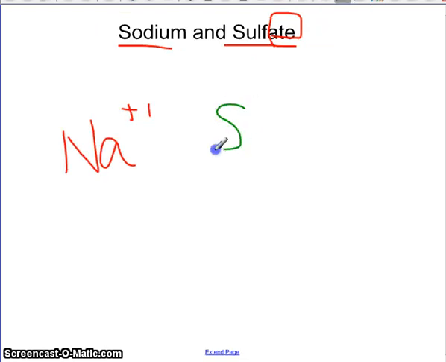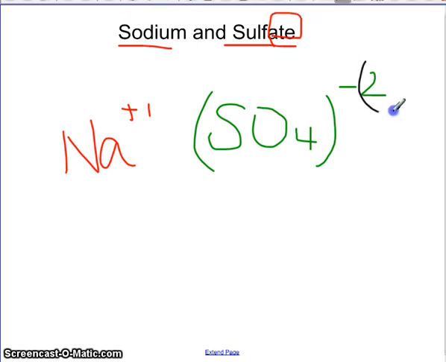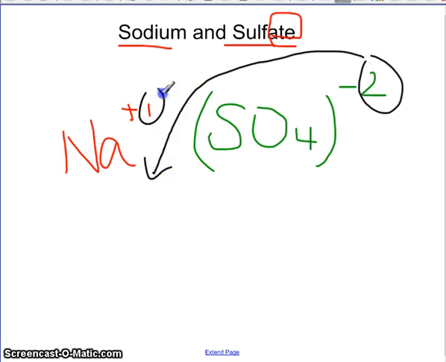So what I want you to do, whenever we have a polyatomic ion, always, always, always put it in parentheses. That way you know whatever is in parentheses has to stay like that. We don't alter it. And it has a charge of -2. Using the crisscross rule from the other video, we just cross the charges down, the numerical value, not the positive or negative, because now we're just talking about amounts of atoms.